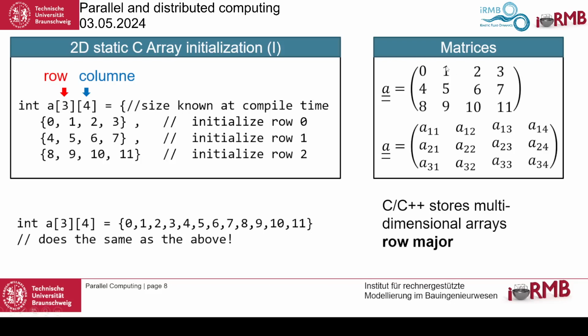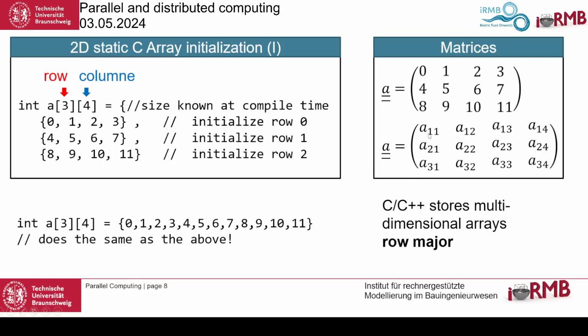In the mathematical way of writing it, we would have A11, A12, A13, and so on. And the data would be stored row first. This is the first row.